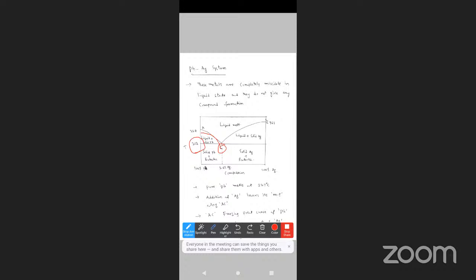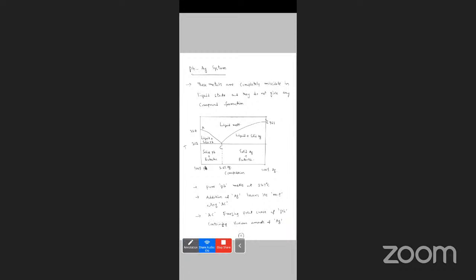That is the eutectic point for the lead silver system. So addition of silver lowers its melting point along AC, and AC is the freezing point curve of lead.